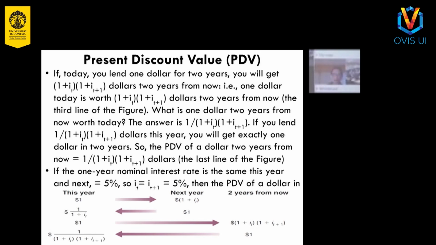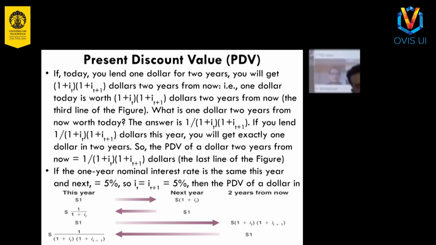So the question is, how much do you need to lend? So you can put the reverse. The first one is you lend $1 and then calculate how much you will get 2 years from now. Or you can lend the money, but you need to decide how much money you are going to lend, as long as 2 years from now, you will get back $1. Okay? So that's the way.